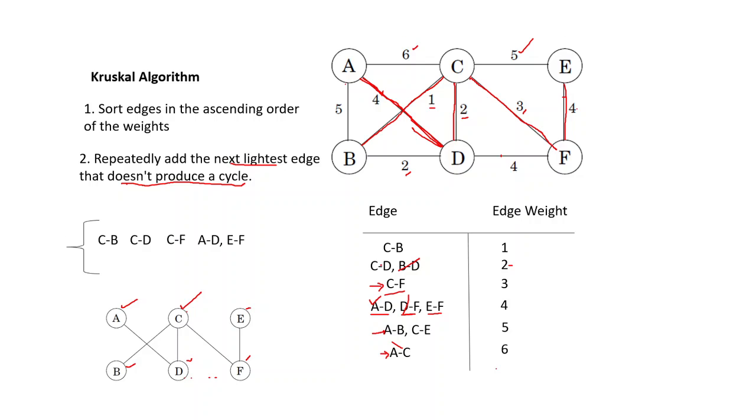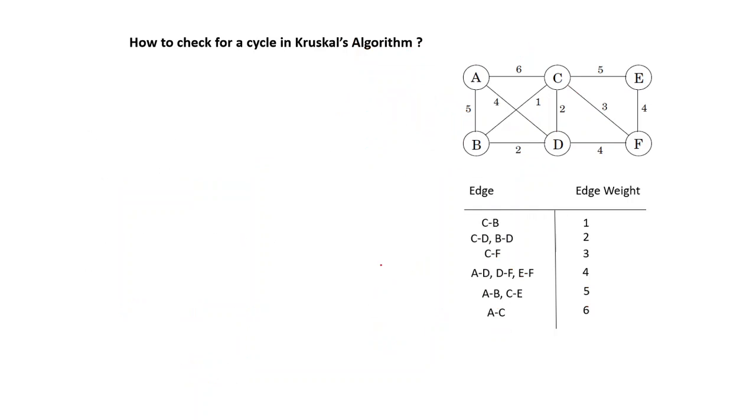But how are you going to make your computer understand that? So let's delve a little deeper into the Kruskal's algorithm. So basically we are trying to check if there is a cycle in a Kruskal's algorithm going the algorithmic way.